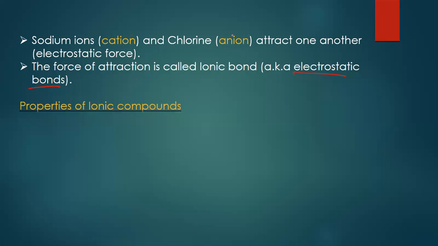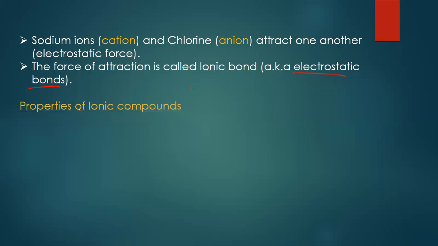And then the other one which gains electrons in order to become stable is called an anion. All right, so they bond together via the force that is known as the electrostatic force. Yeah, so the force of attraction is called ionic bond or electrostatic bond.